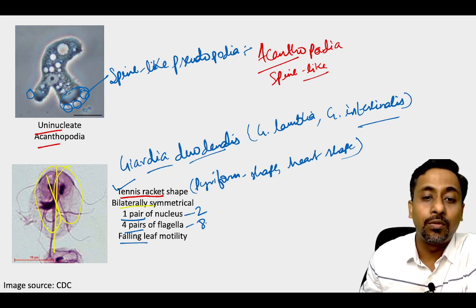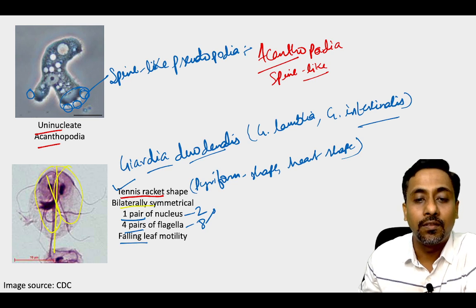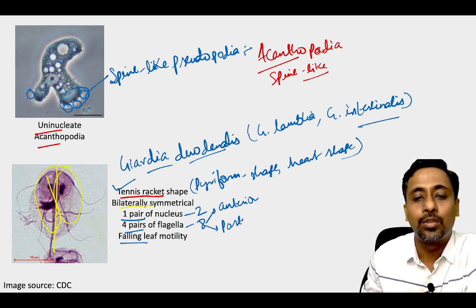So where are these flagella located? One is anterior, one is posterolateral, one is ventral, the last pair is caudal.